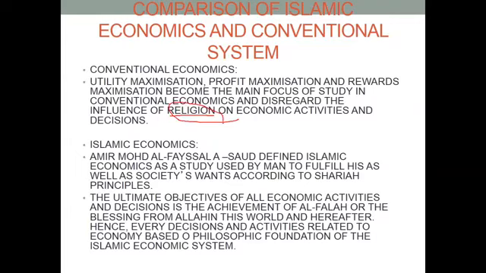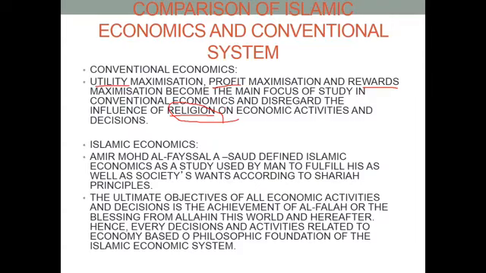So this is missing in the conventional system. It is either utility maximization, or profit, or rewards. If you look at capitalism, it is all about profit maximization. If you look at socialism, it's all about labor maximization.